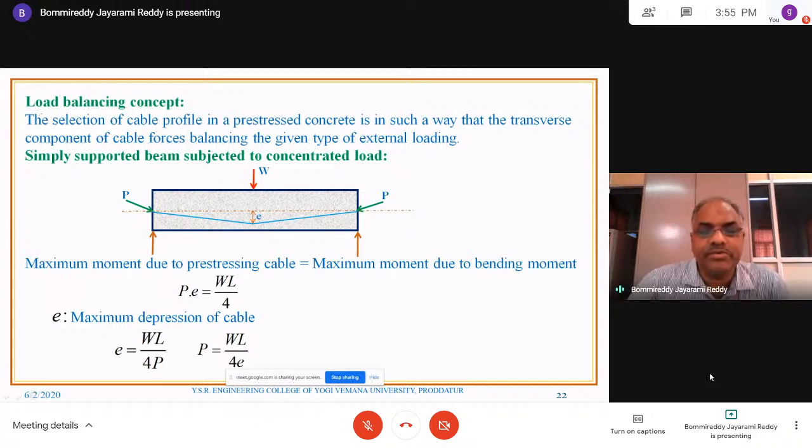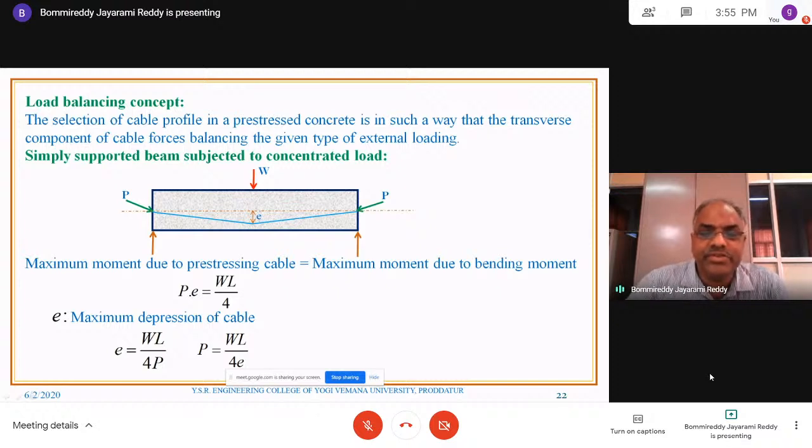That means apply the pre-stressing force with a certain eccentricity such that the entire pre-stressing will be nullified because of the load acting on the structure. That is called the load balancing concept.